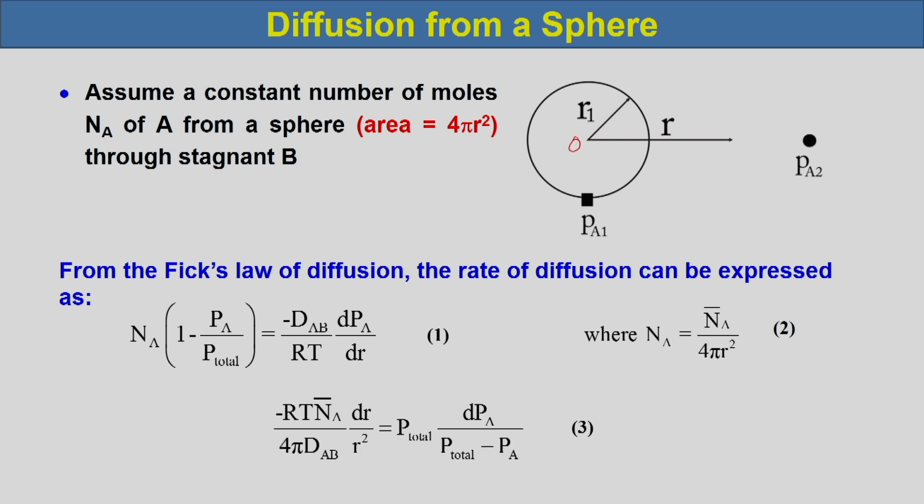So, we substitute Na equal to Na bar by 4 pi r square. Equation 1 would then be equal to minus RT Na bar divided by 4 pi dAB into dr by r square, which is equal to P total into dPA by P total minus Pa.